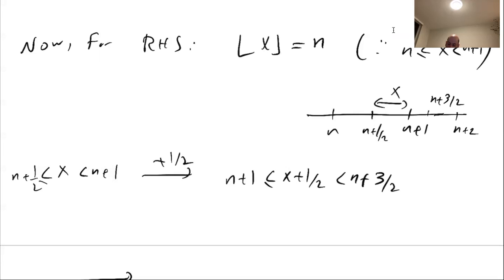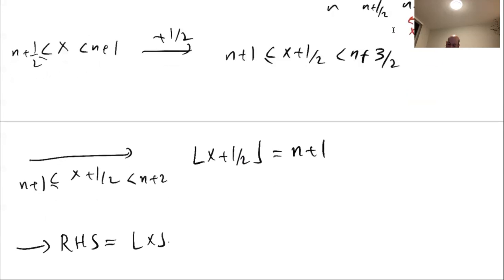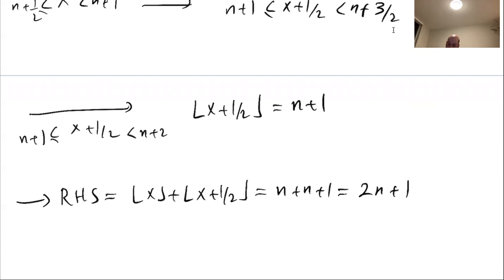So x plus 1/2 will be here in this case, which is between n plus 1 and n plus 2. So floor of it would be n plus 1. So in this case, right-hand side, which is floor of x plus floor of x plus 1/2, is n plus n plus 1 equals 2n plus 1, which is equal to my left-hand side.